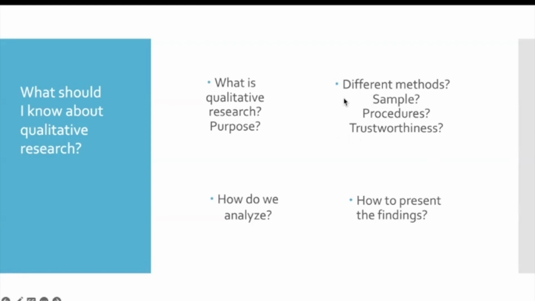Then we will see what different methods are available to collect qualitative data, what specific procedures we should carry out while doing qualitative studies, and one of the commonest questions that comes up: how do you avoid biases? In qualitative science we call it, how do you protect the trustworthiness of the research? Then we will move on as time permits.